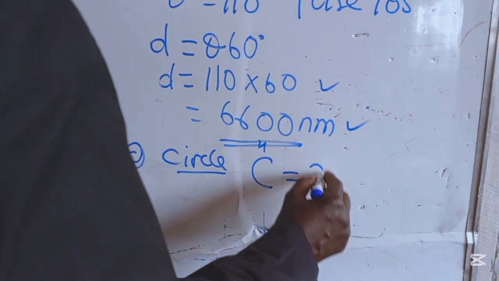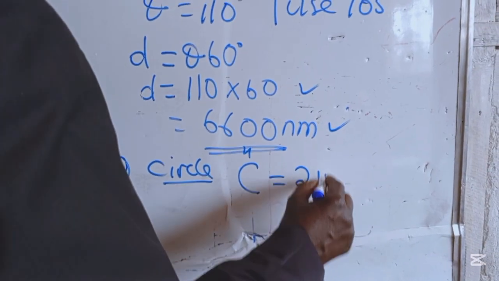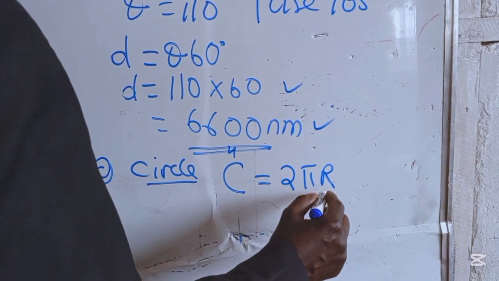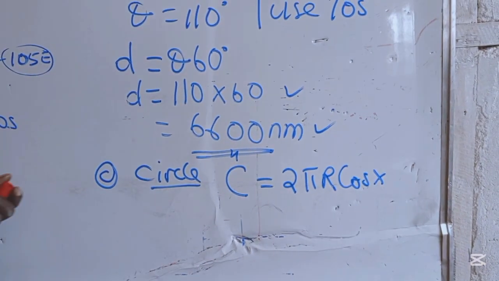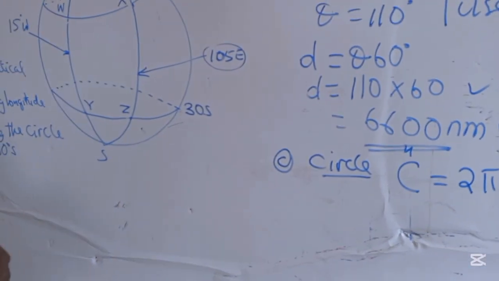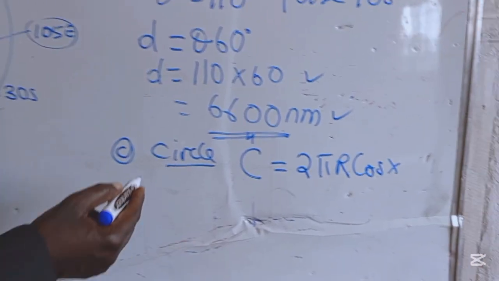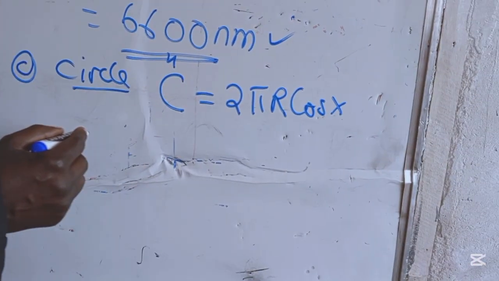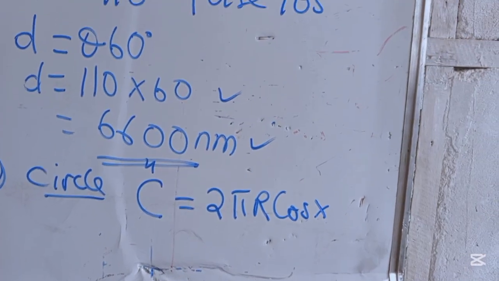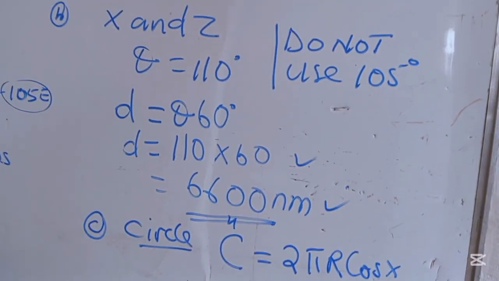If you want, you can use it. The circumference of the circle is 2 pi r cos, and I don't know which cos they have told you. In this case, our cos is 30 degrees. So you can use this method, or you can use the other method. So let us use the other method. So we'll start with this method.